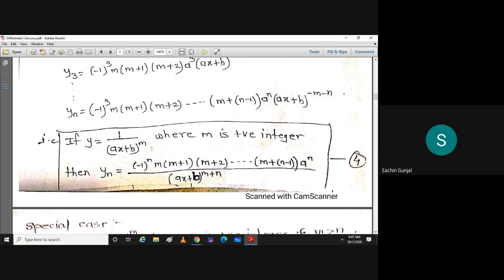No. So, 1 minute. Anybody else? I want to write this m plus 1, m plus 2 up to m plus n minus 1 business in terms of factorial. What adjustment should I do?